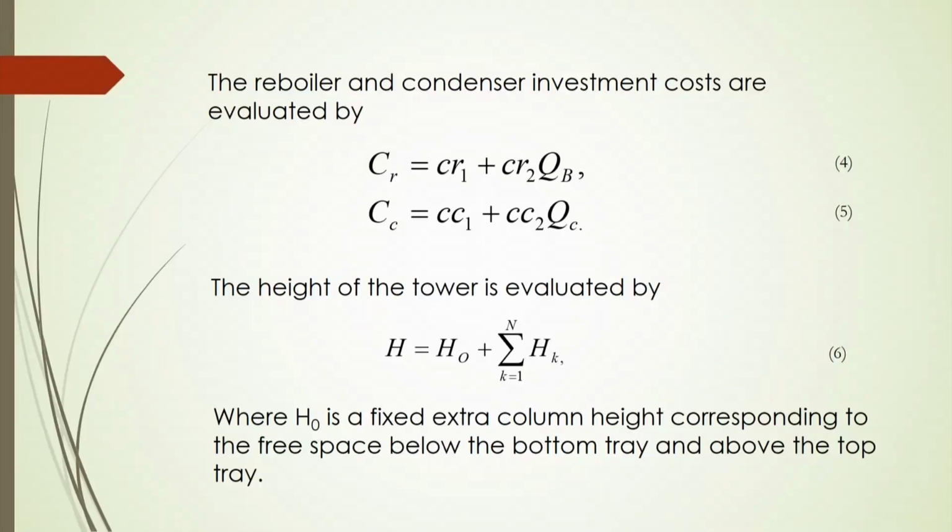The height of the tower is evaluated by H, which equals H0 plus the summation of Hk. If there are n trays, you have to calculate the height respectively, where H0 is a fixed extra column height to be considered, corresponding to the free space below the bottom tray and above the top tray.